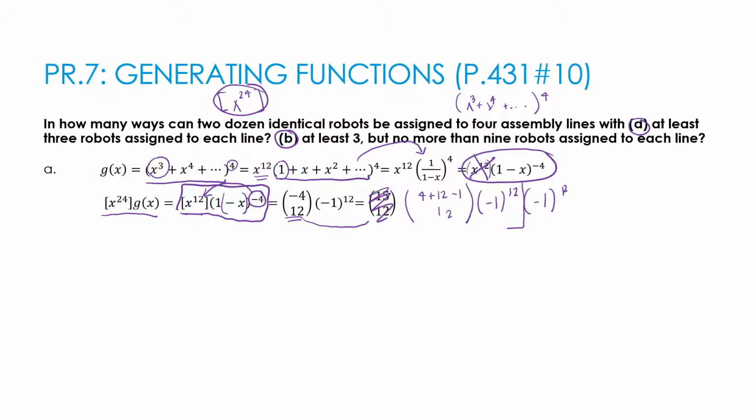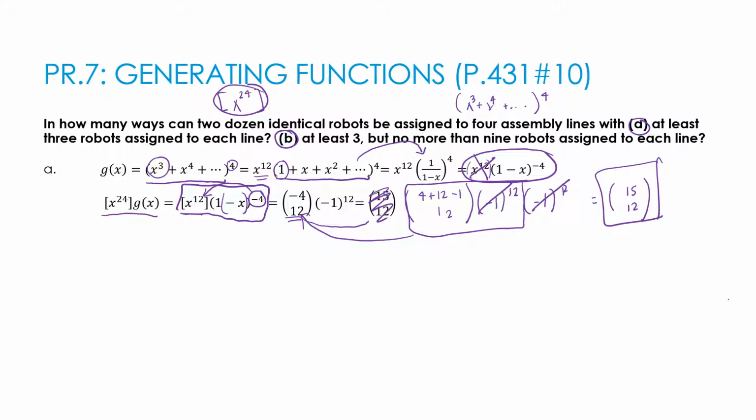So this all comes from negative 4 choose 12, if you'll recall that pattern. Now, 4 plus 12 minus 1, that's where I got the 15. Choose 12. And then this guy is positive 1 and this guy is positive 1, which will always be the case when I have an even number. And so that's my final answer, is just 15 choose 12.